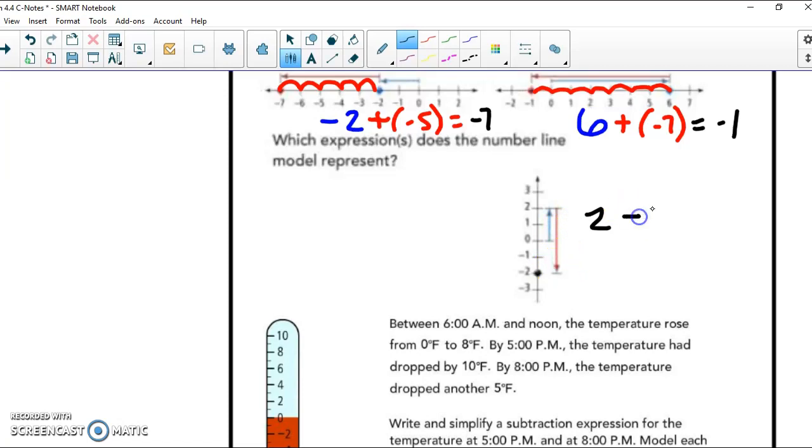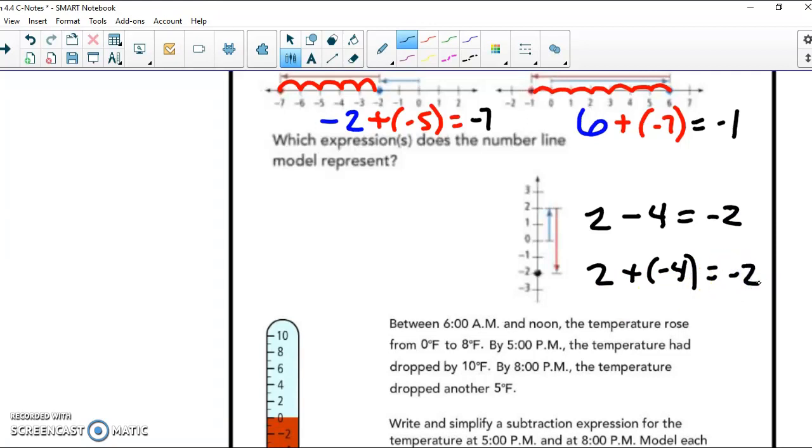So I could say that's a minus 4, or I could say 2 plus negative 4. Both of those are saying the exact same thing. And what I see is that I'm ending at negative 2. So 2 minus 4 equals negative 2, and 2 plus negative 4 equals negative 2.